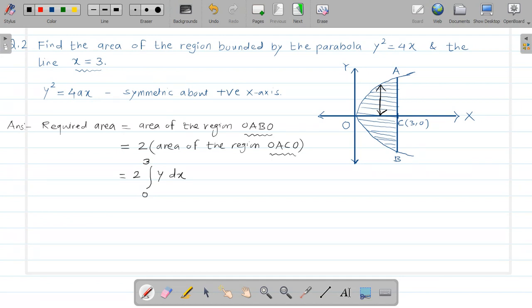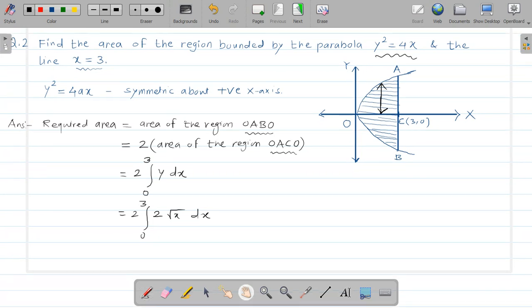Okay, now function is given y square is equal to 4x. We require here y. So as per the given equation, it will be 2 times the integration from 0 to 3 of y. Y means, as it is y square is equal to 4x, y is equal to 2 root x. So we have to evaluate the integration of 2 root x dx.